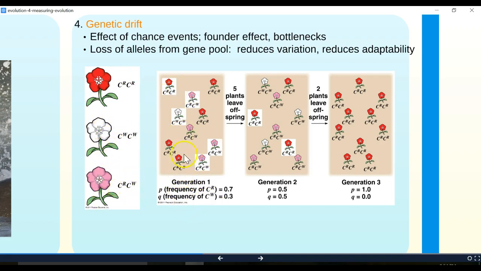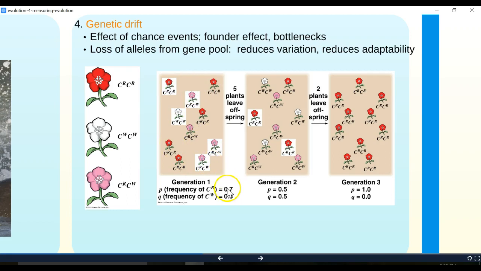So if you look here in generation 1, you can actually count how often you see one allele over the other. If you count them all up, one red, 2 red, 3 red, 4 red, 5 red, 6, 7, 8, 9, 10, 11, 12, 13, 14. So there are 14 red out of how many total alleles? Let's see. 2, 4, 6, 8, 10, 12, 14, 16, 18, 20.